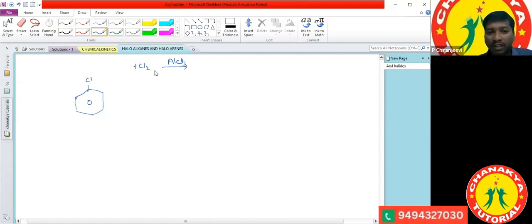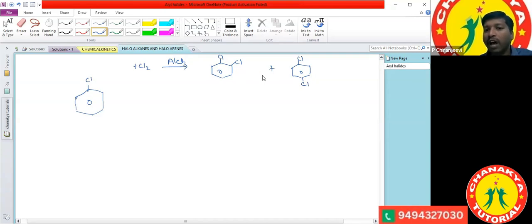So when you do chlorination in presence of catalyst, it forms 1,2-dichlorobenzene as one product. Another product it forms is 1,4-dichlorobenzene. We have two possibilities. Chlorine is substituted at the ortho position, and at the same time, chlorine is substituted at the para position.